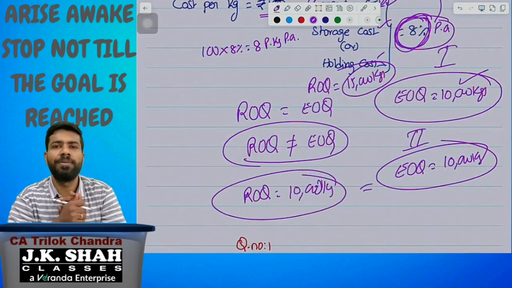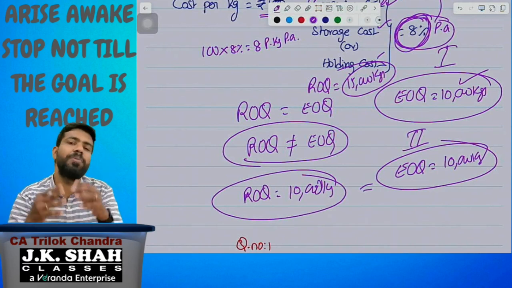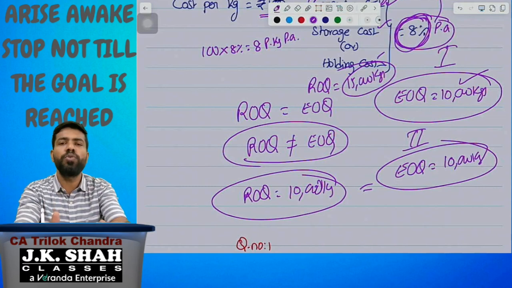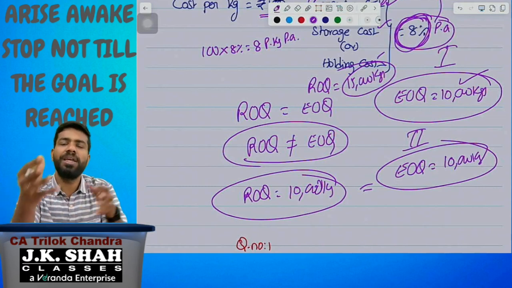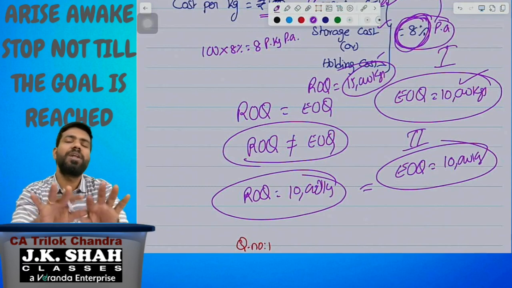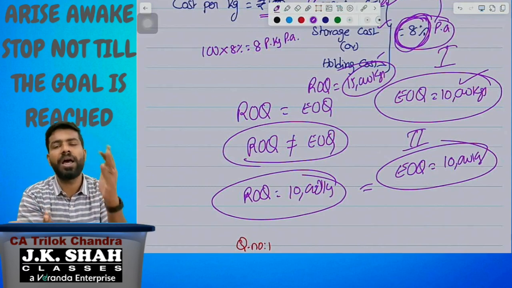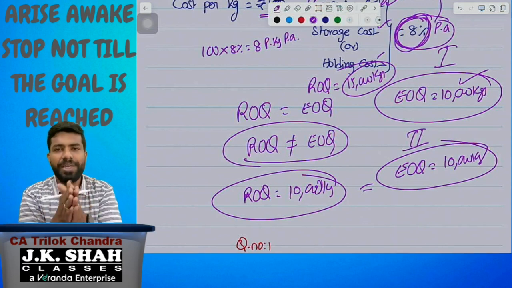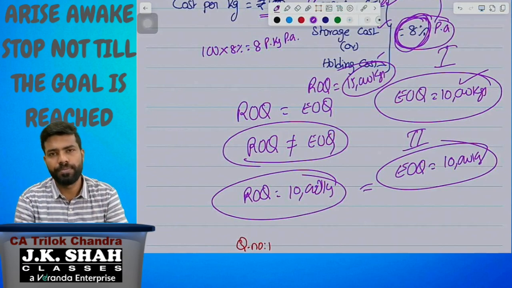Then both are equal. Sometimes it will be equal, sometimes it will be different. According to our recommendation of EOQ, if they place the order of the same quantity, then EOQ equals ROQ. Due to some practical issues, if they are not able to place the order of EOQ, then ROQ will be different from the EOQ. Are you all understanding? So sometimes it will be equal, sometimes not equal.